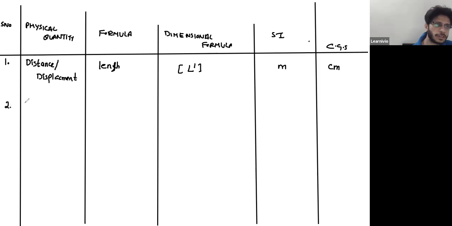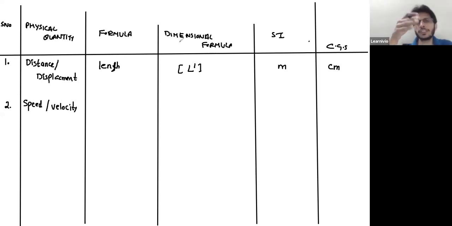The second quantity is speed or velocity. Again, there is a difference between speed and velocity. Speed is a scalar, it doesn't have direction, but velocity is a vector, it does have direction. But we can consider both as a single quantity for dimensional analysis.